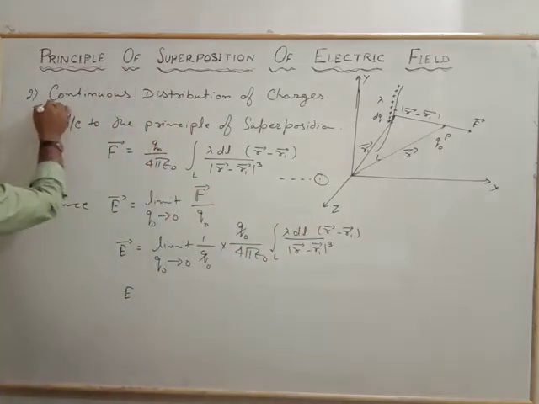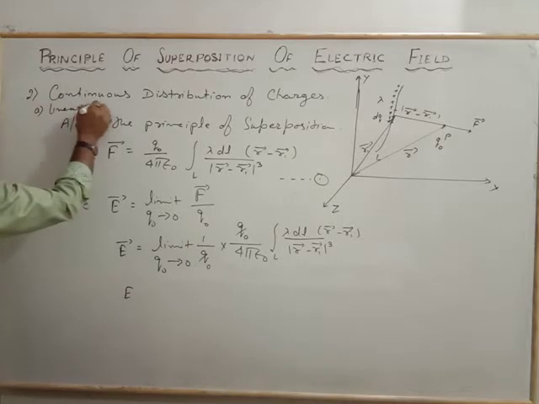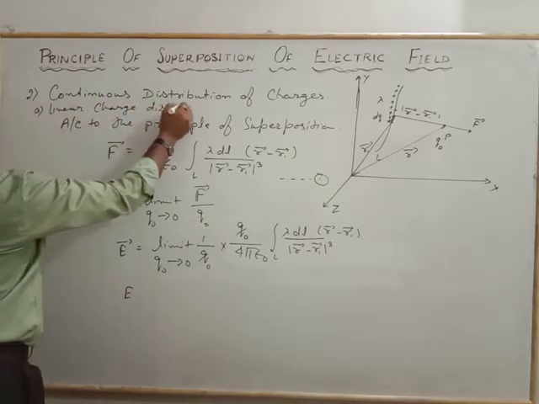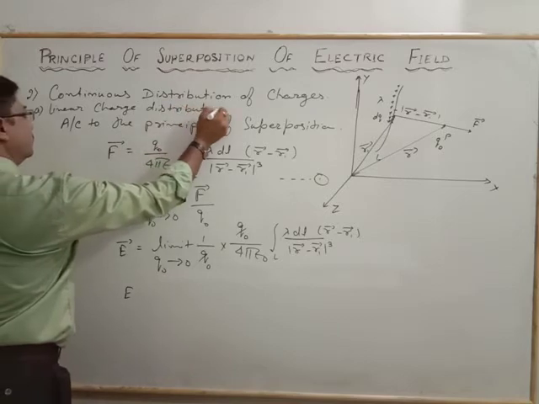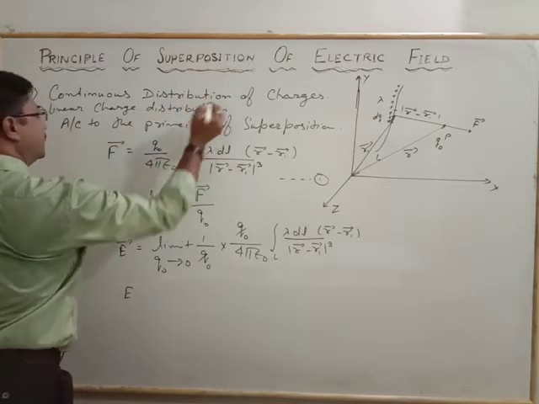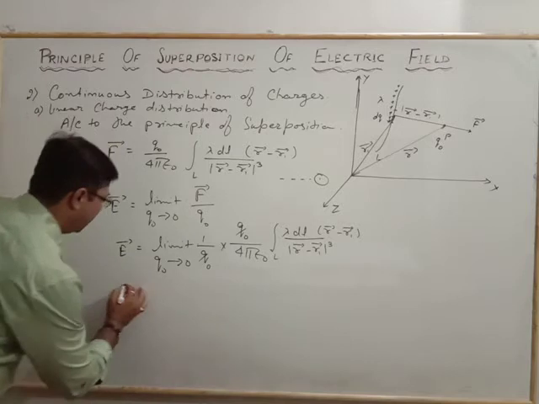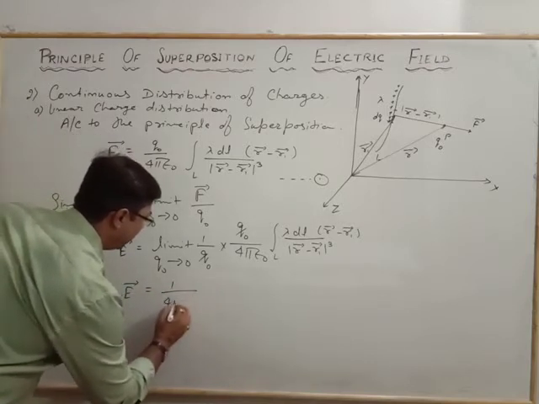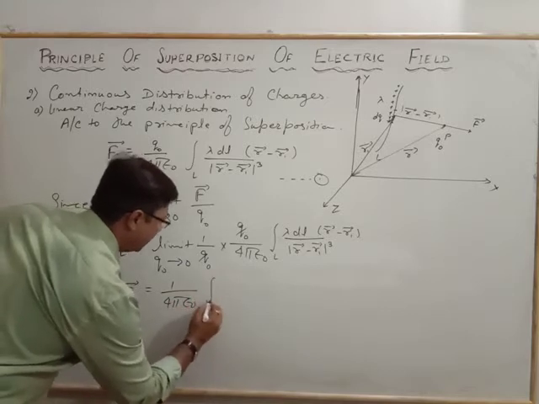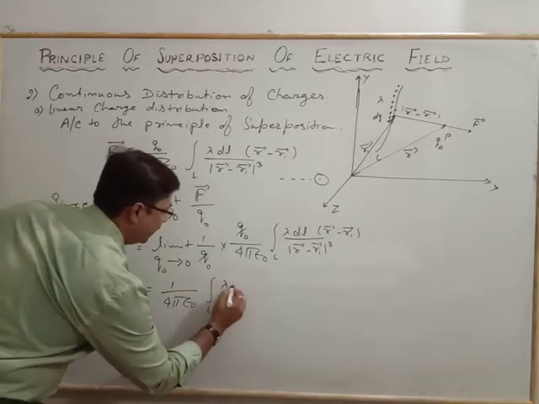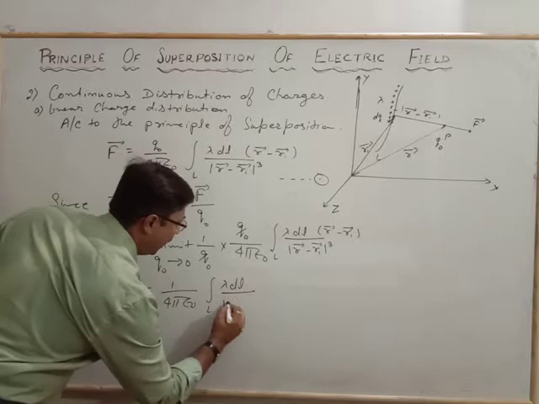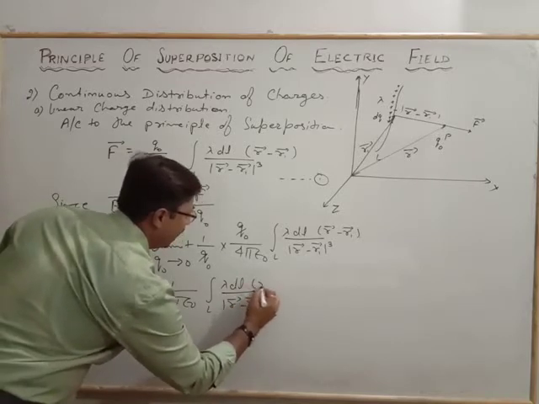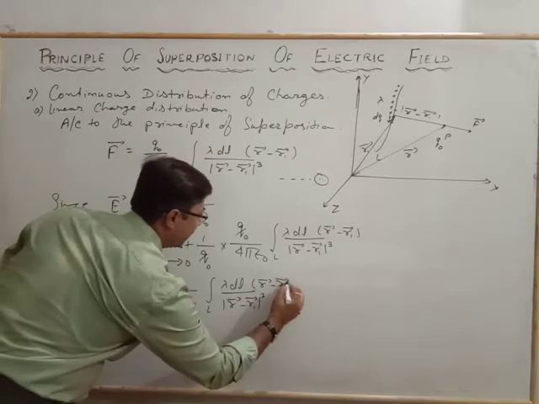Number 1 is the linear charge distribution. At this condition, we have the electric field E vector equal to 1 by 4 pi epsilon naught, integration over the length of lambda dl by the magnitude of r vector minus r1 vector whole cube, times the r vector minus r1 vector.